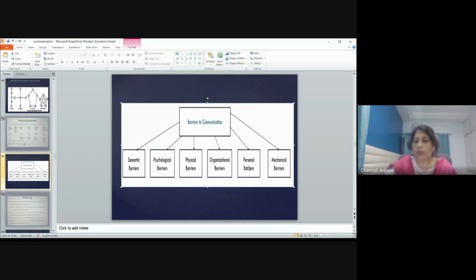Personal barriers include the egoistic state of the person, the nature of the person. They are not interested in listening to the sender, the source. Or they have ego problems. They do not want to listen because they think that they are great people and they know everything. Those kinds of problems also act as a barrier.